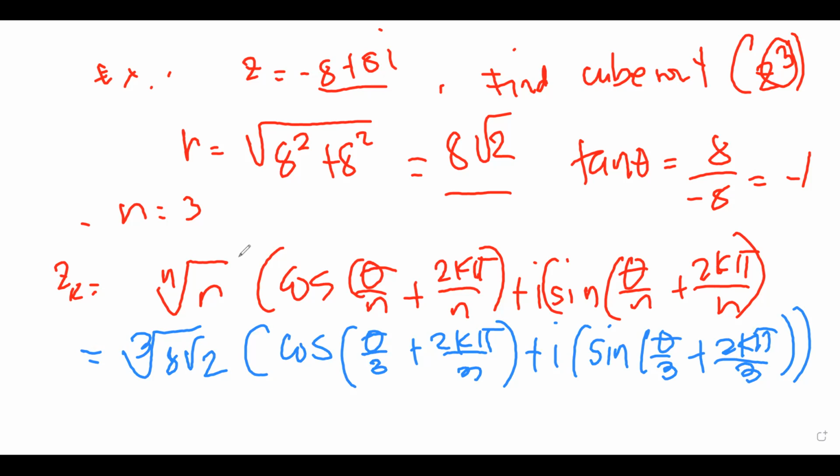Again, n here is 3 because we need to find the cube root. Let me just erase some parts so we'll have some space.